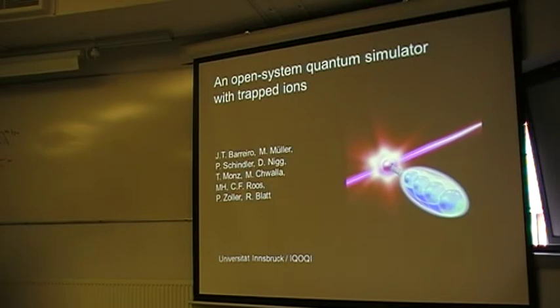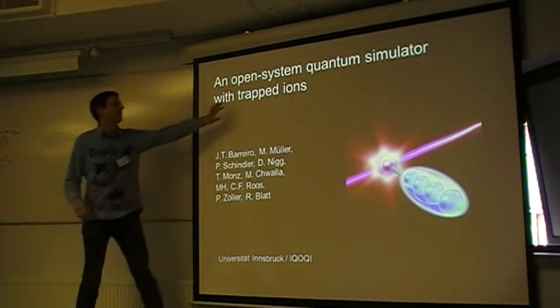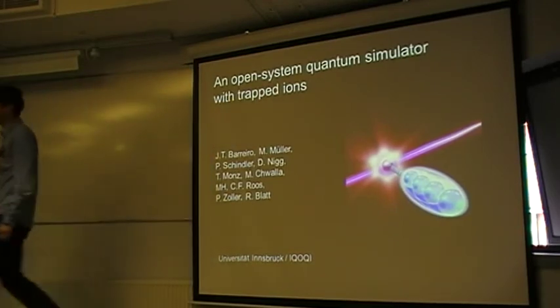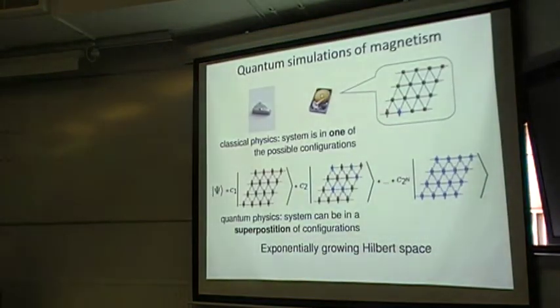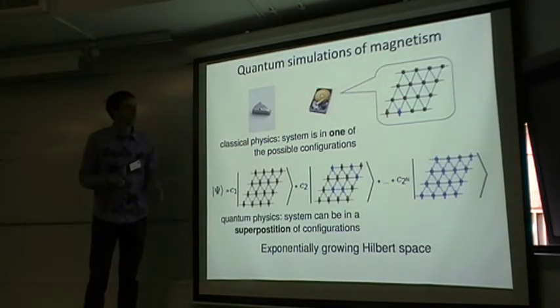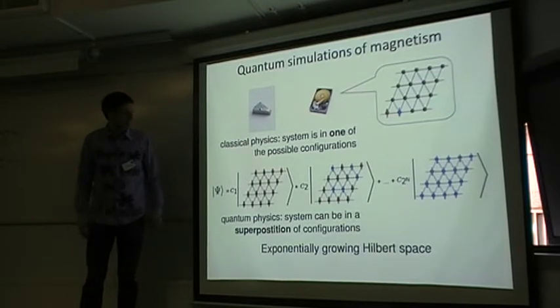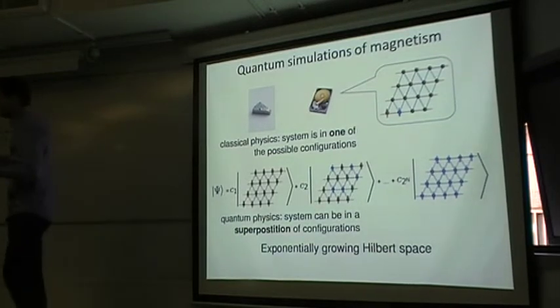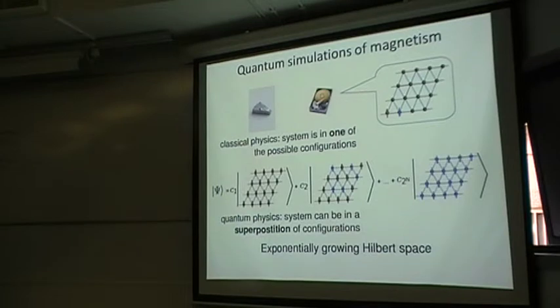In principle, what we did then in some other experiment was to simulate open systems, open quantum systems. The reason for that is, of course, you want to simulate quantum systems, for example magnetism, due to the fact that there's a really exponentially growing Hilbert space, and quantum simulations actually could help you to understand such systems and to do something that probably you cannot do with a classical computer.